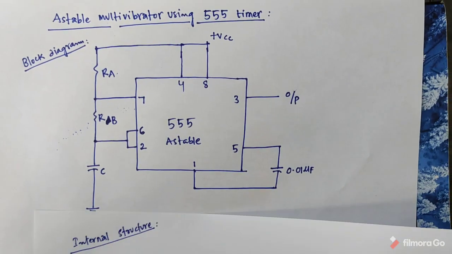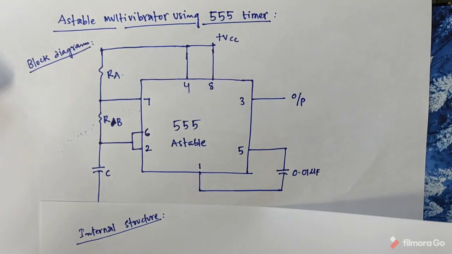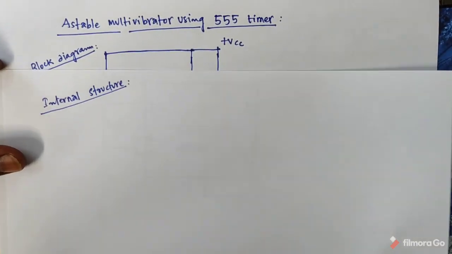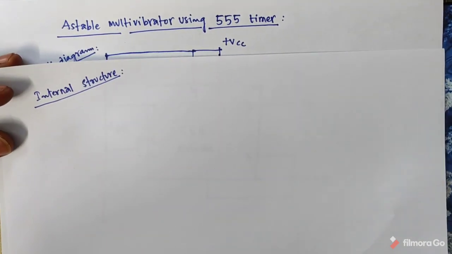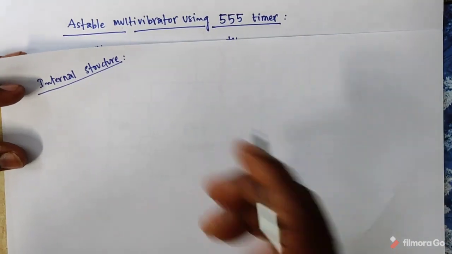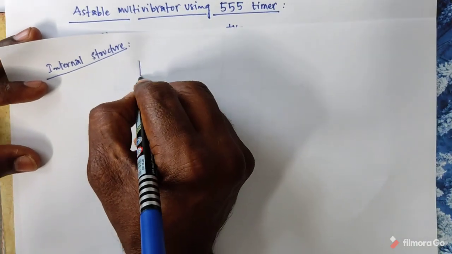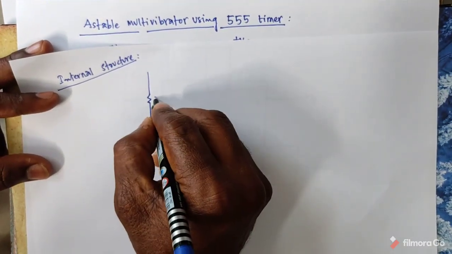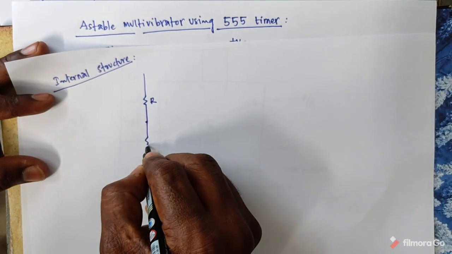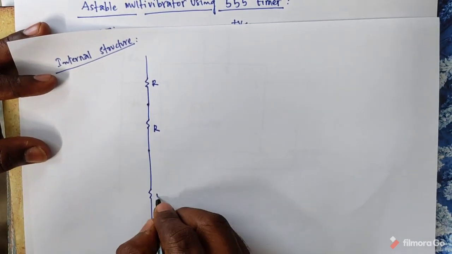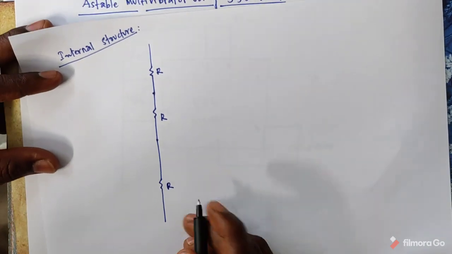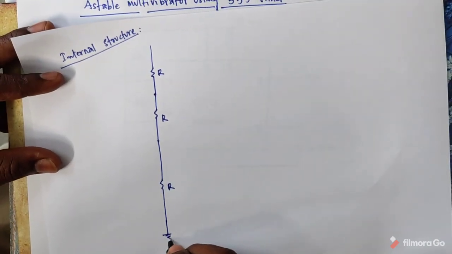Based on this basic block diagram, you have to design the internal structure. In the previous lecture we discussed the entire detailed internal structure of monostable. Similarly, we have to take 3 equal resistors R, and the bottom one is connected to ground.